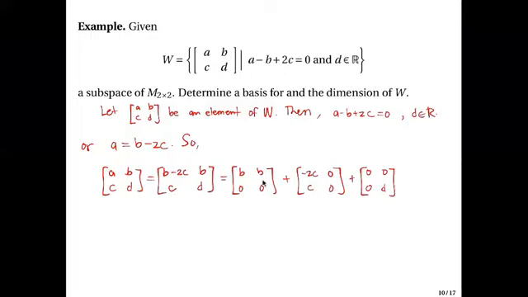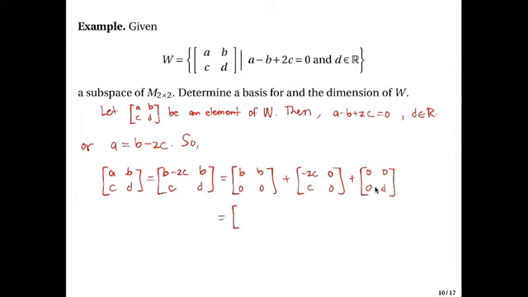And then from here, you can factor out the B because there are no other letters in this matrix. Here you can factor out the C. There are no other letters in this matrix. Here you can factor out the D, and no other letters in this matrix.